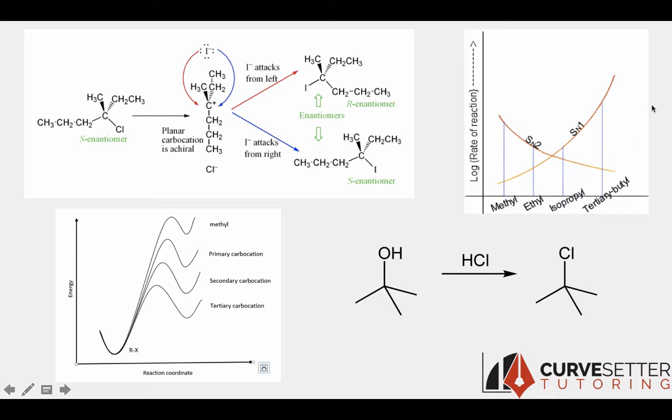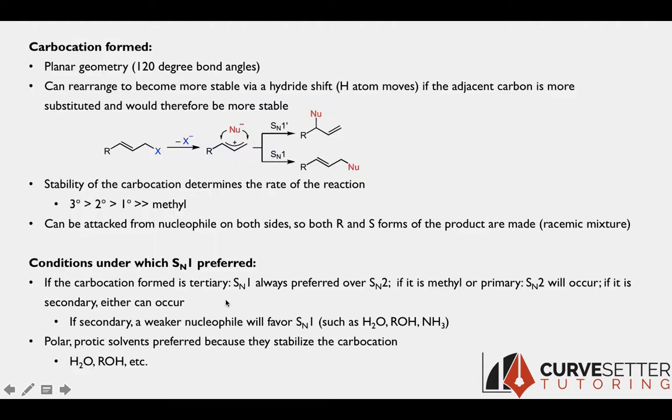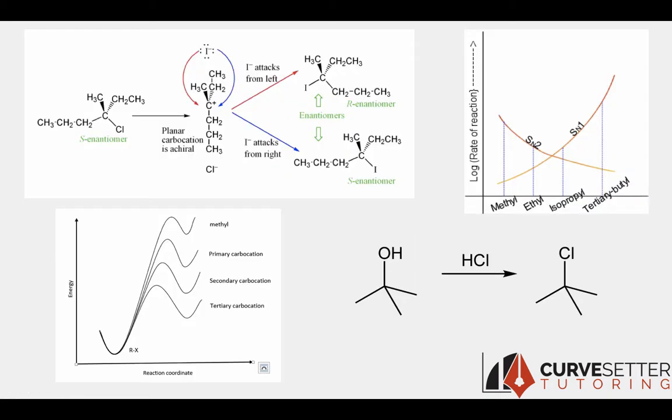It's sort of an inverse relationship. When you're at a methyl or even a primary carbocation, SN2 is preferred because it's the faster reaction. Whereas at a tertiary, almost always SN1 is preferred. And at a secondary, it could be SN1 or SN2, depending on the strength of the nucleophile and whether the solvent is polar and protic or not.